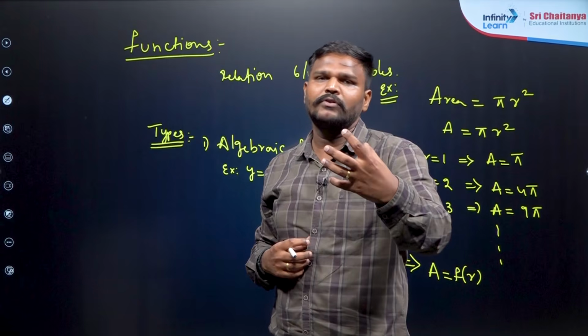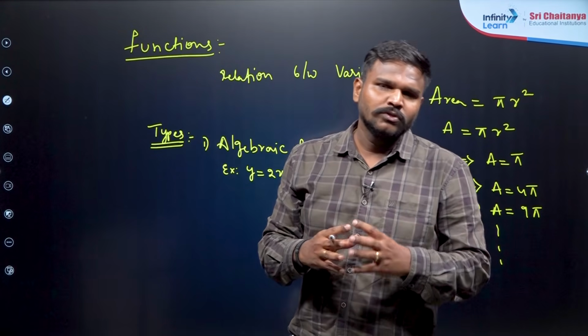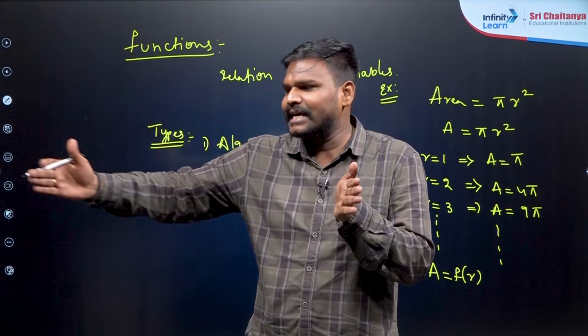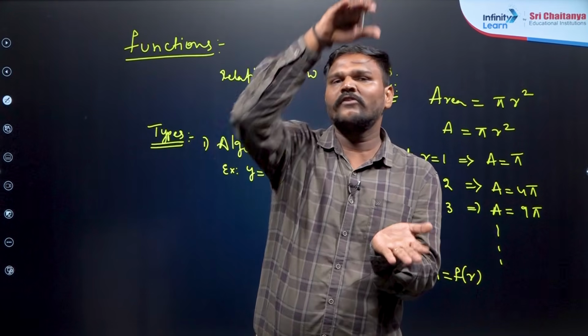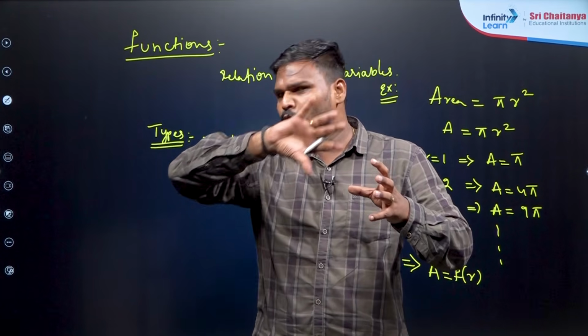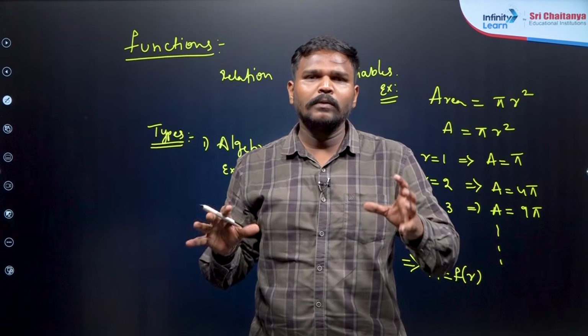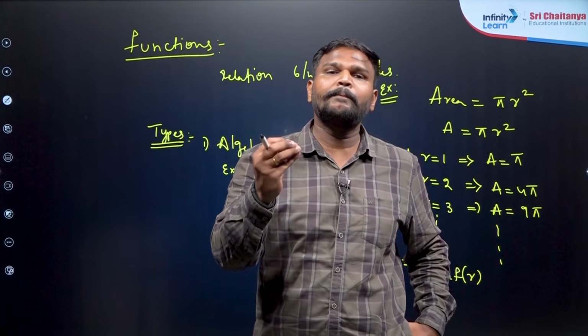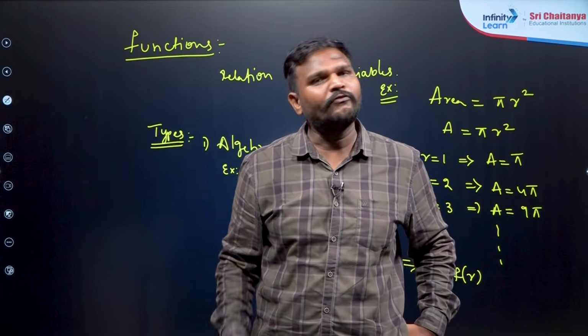Like let us say you are watching a cricket match, so the number of overs bowled will be on the x axis, the number of runs scored will be on the y axis, and the whole match can be represented in one picture. So a graph is a pictorial representation of data.